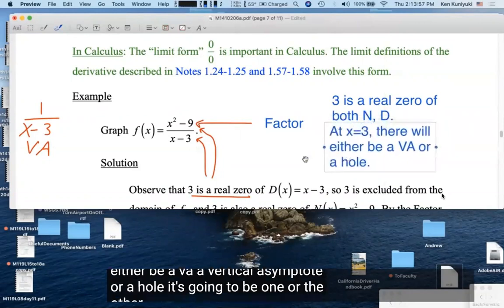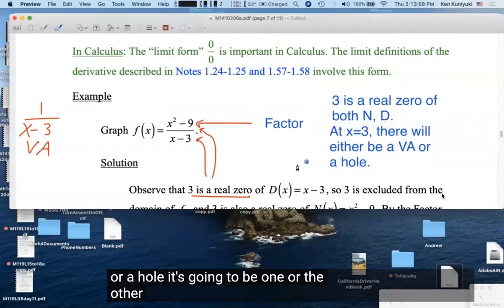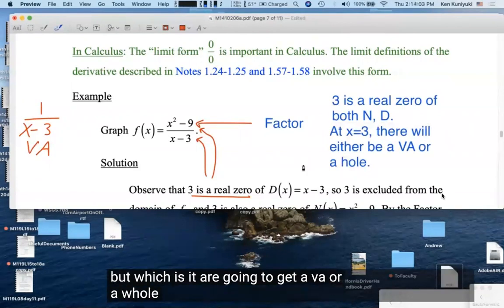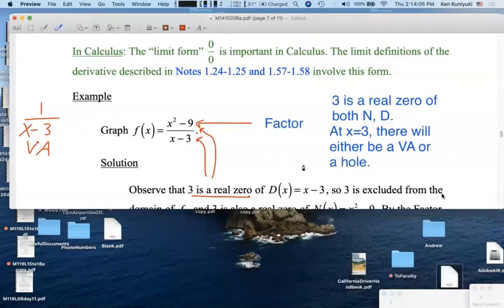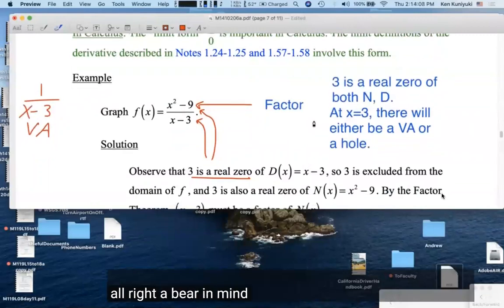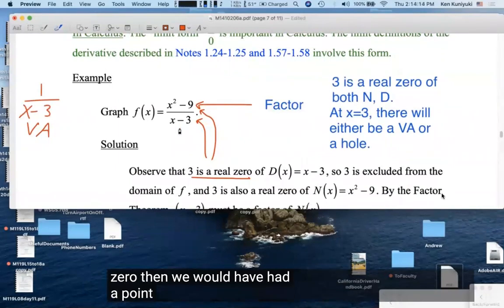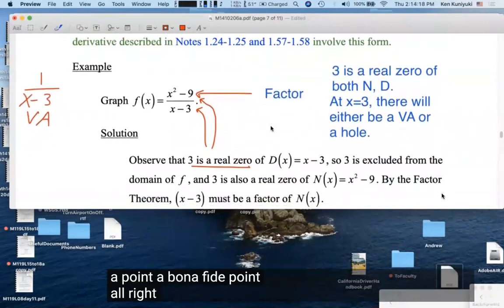It's going to be one or the other. But which is it? Are we going to get a VA or a hole? Bear in mind that if 3 had not made the denominator 0, then we would have had a point, a bona fide point.